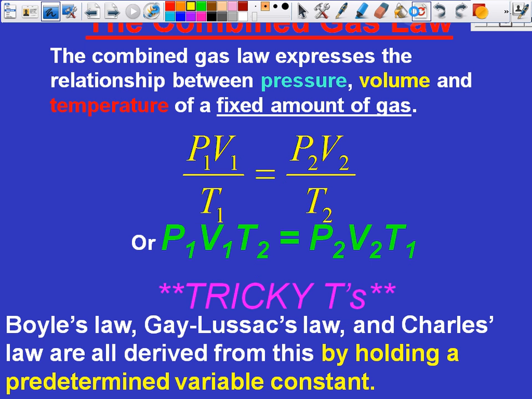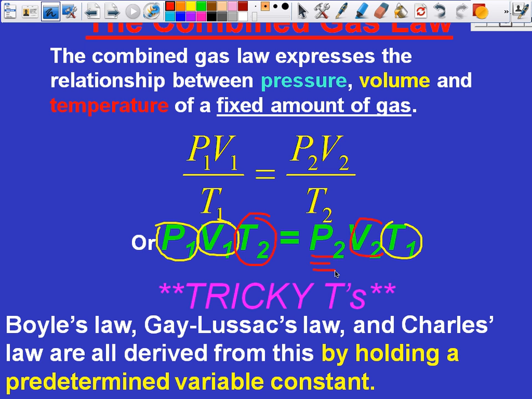So let's say hypothetically you have a gas at a certain pressure, volume, and temperature, and all of a sudden we change the temperature, and here is the new volume, since we've condensed the volume. What's the new pressure? Well, they've given you your original pressure, original volume, and original temperature. They tell you they changed the temperature to something else, then compressed the volume, and you need your new pressure.